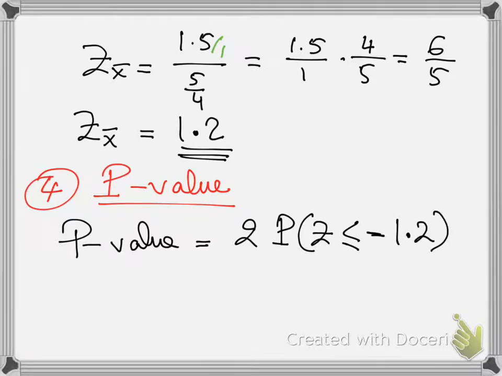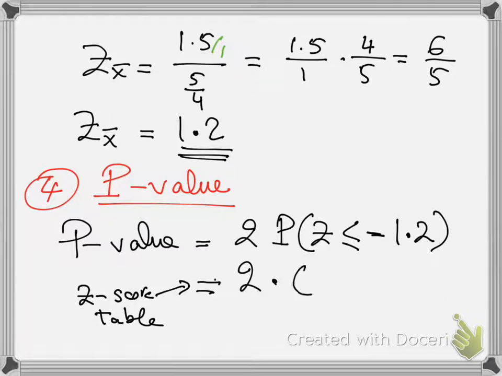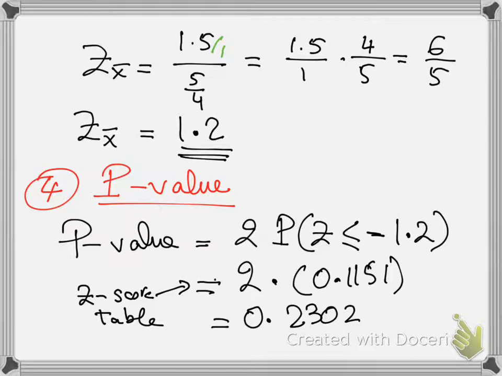You can check the z-score table. For negative 1.2, I think it's 0.1151, so 2 times that is 0.2302.